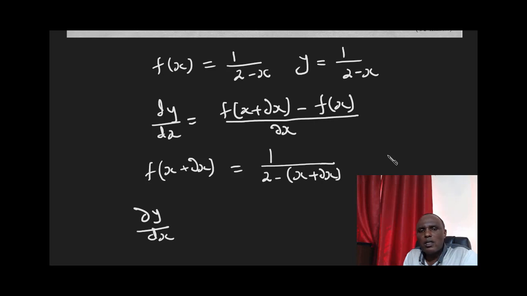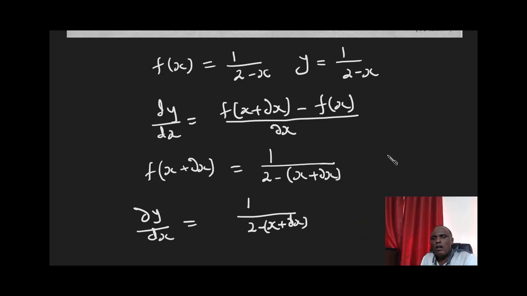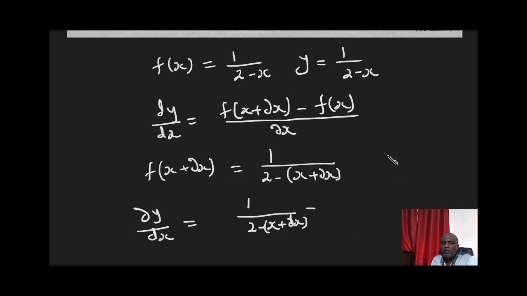Therefore, dy over dx is equal to f of x plus a small change in x, that is 1 over 2 minus x plus dx, minus f of x, which is 1 over 2 minus x, all that divided by a small change in x.